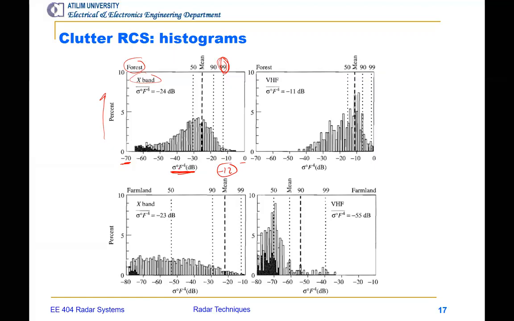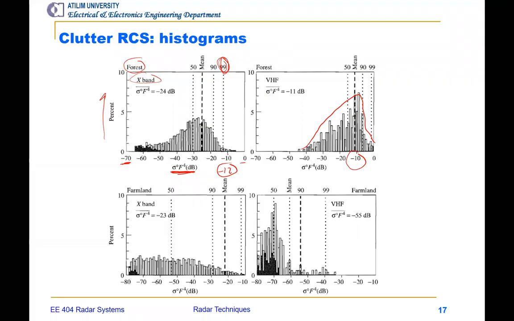For VHF, we see that the mean value goes up to minus 10 dB, sorry, and it's rather concentrated around, you see here, minus 40 to minus 5. For X-band, it's a little bit spread from minus 65 to minus 10.